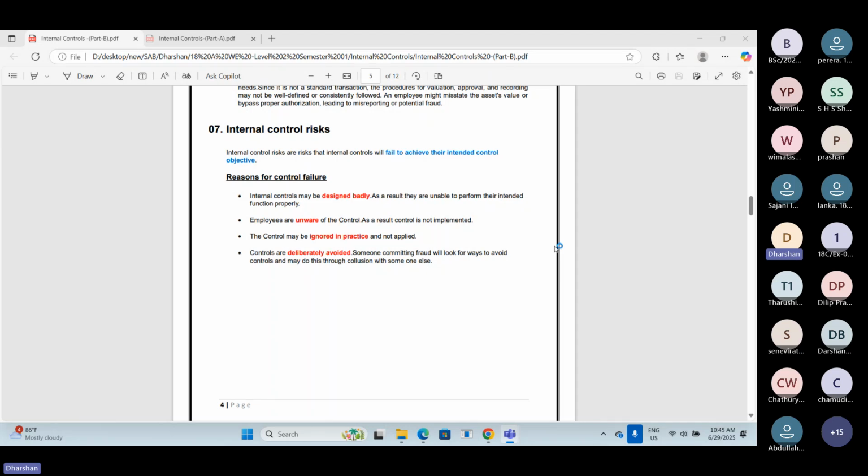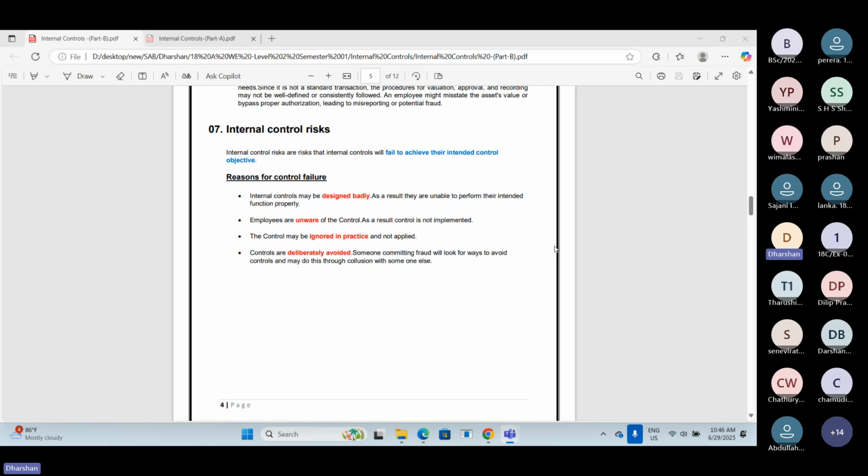In order to implement the internal controls, the board of directors and senior management need employee support. That's why in information and communication, I have given their roles and responsibilities in relation to internal controls, and risk and controls must be communicated to the employees top to bottom, bottom to top, and across the organization.